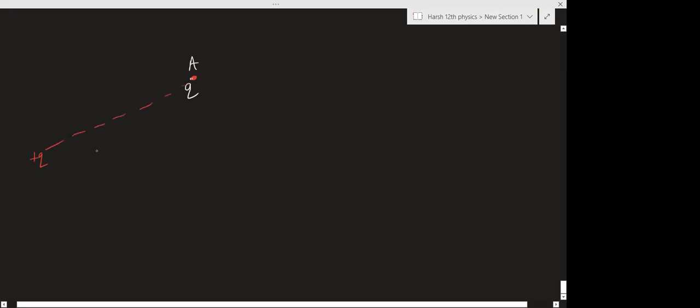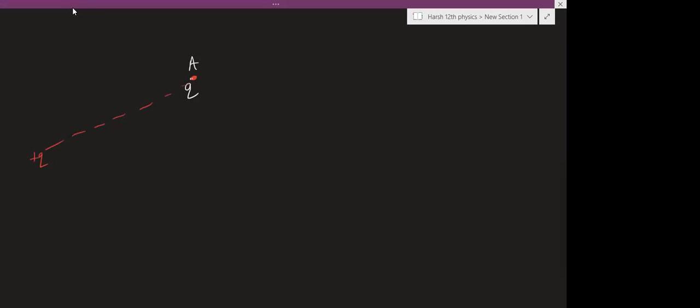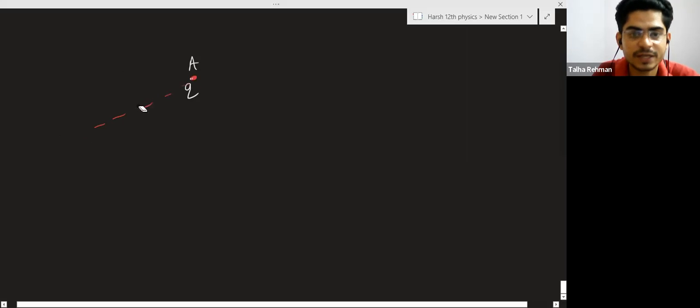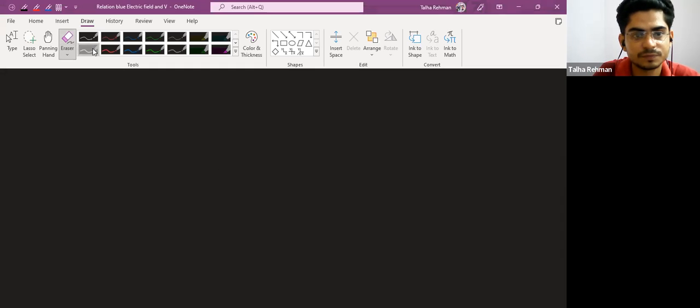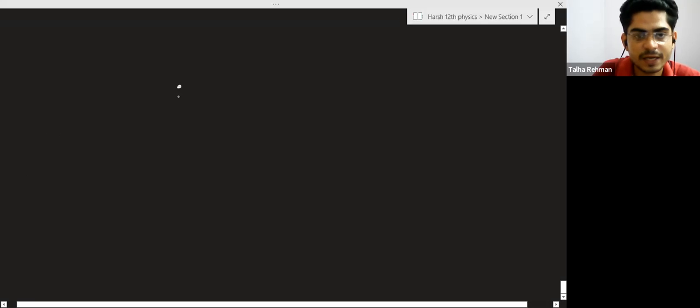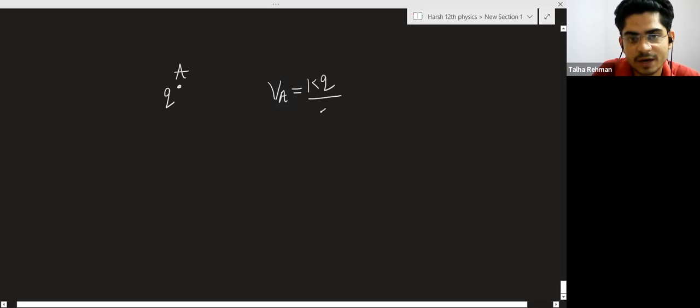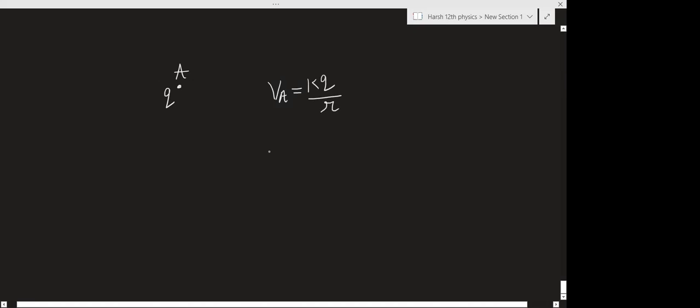It will be KQ by R. So the thing is, if this is the formula, this is position A, and here is a charge Q, what is the potential if I apply this formula KQ by R? And how will we calculate R? There is no distance.